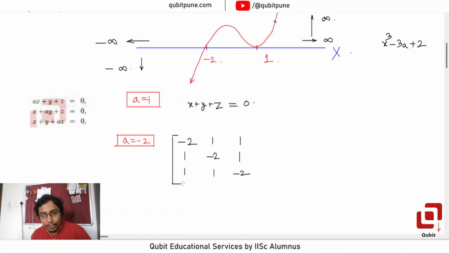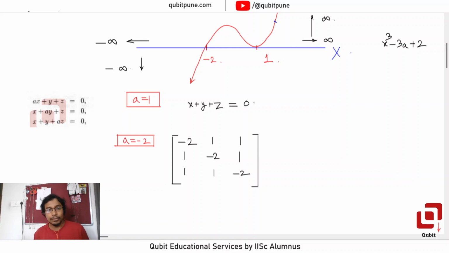Now what I'm going to do is I'm going to reduce this in upper triangular form. Because I know on the right hand side I've got 0 0 0, which means no matter which row transformation we do, interchanging, multiplying, subtracting, whatever, the column on the right hand side is going to remain 0 0 0. So it is enough to just continue with this.